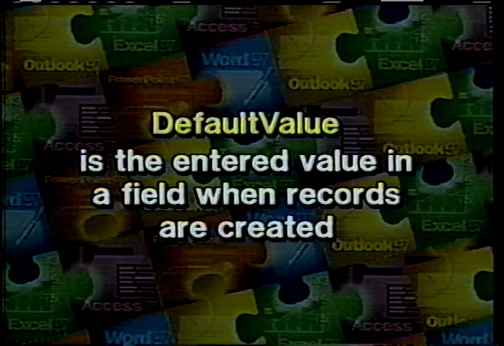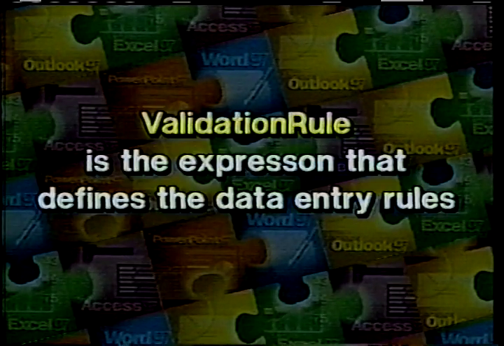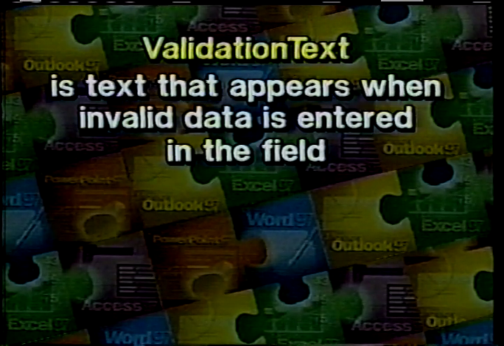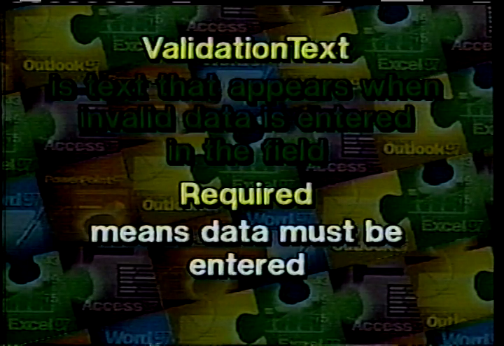Default value is a value entered in a field when records are created. Validation rule is an expression that defines the data entry rules. Validation text is the text that appears when invalid data is entered in the field. Required means data must be entered.